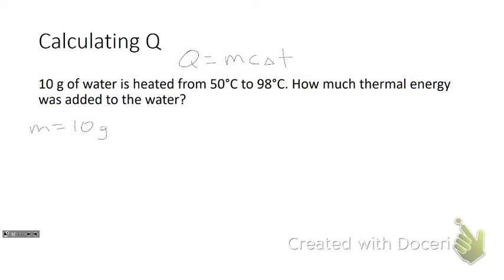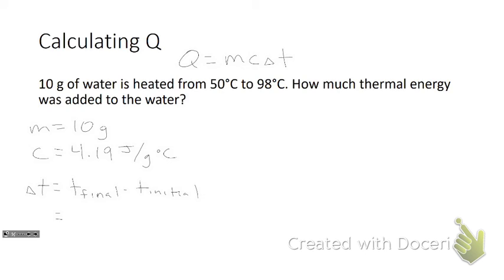We know the specific heat capacity of water, C, is on your formula sheet. It's 4.19 joules per gram degree Celsius. And my change in temperature, we can find by temperature final minus temperature initial.